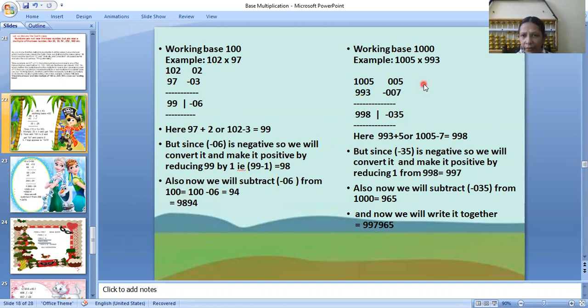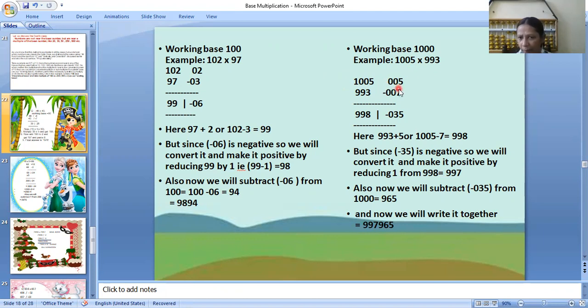Now, if you look at the next example, it is 1005 multiplied by 993. In this example, you can see 1005 is more than 1000, and you will do 1005 minus 1000.